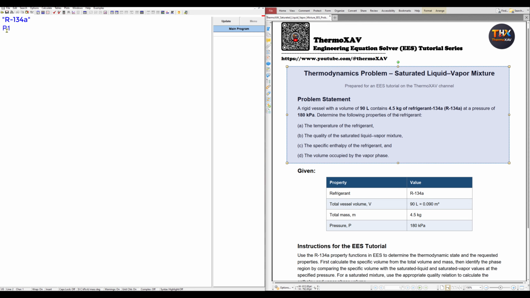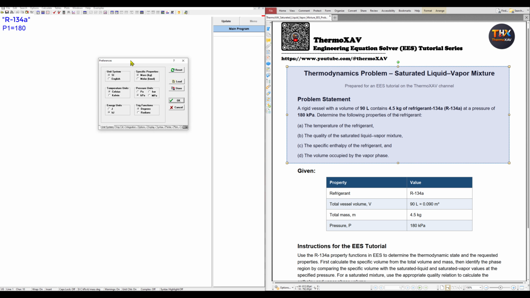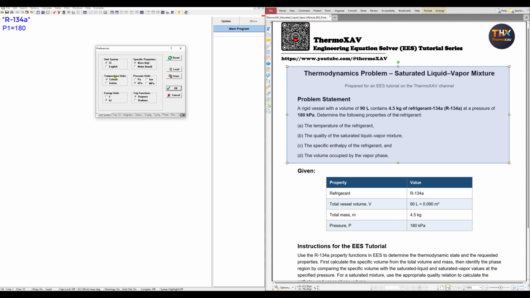The pressure, I will call it P1, equal to 180. And as you know, in the unit system, if you go here, you can find the default setting for the units. Here the temperature is Celsius and the pressure unit is kilopascal. I will keep this default because it is according to our problem.